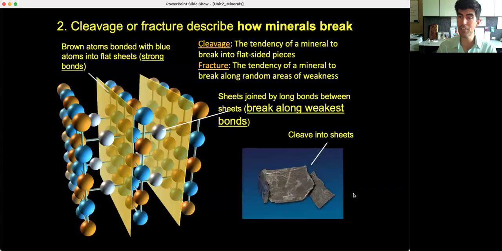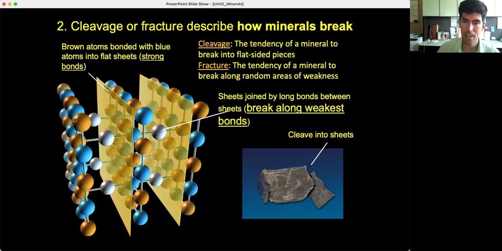Now, cleavage. Cleavage is how the mineral breaks. And breaking a mineral has a lot to do with which bonds are the strongest and which are the weakest. Minerals break along the weakest bonds. So we have a pattern of elements here bonded together.